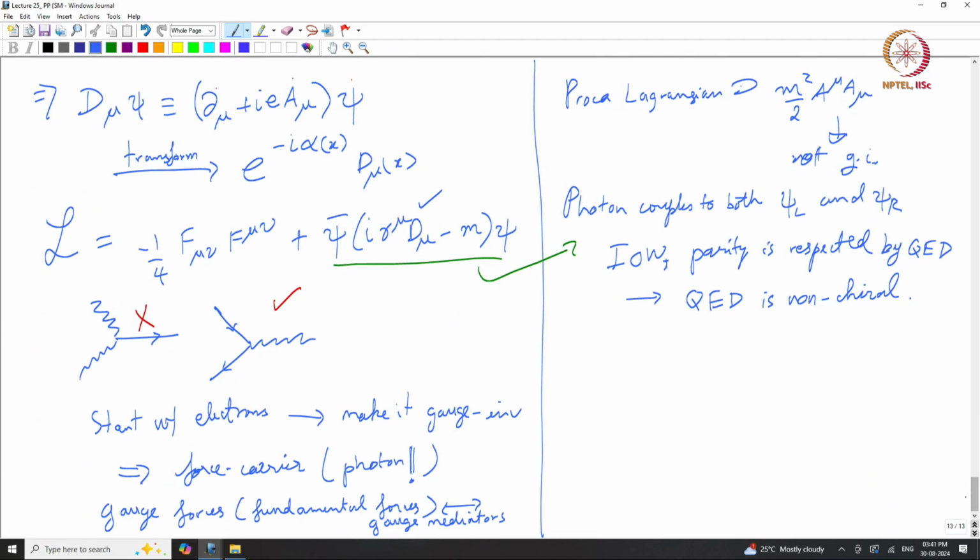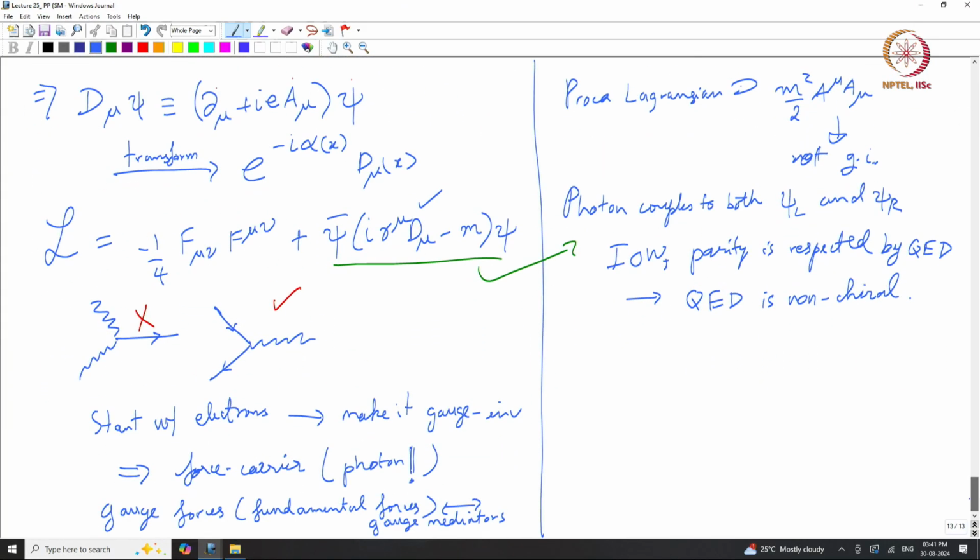So, I am going to wrap up this lecture by mentioning one important thing that could not have been written down from first principles in the Lagrangian here, okay. Nevertheless, that term is there, it is actually what is known as a dimension 5 term, that is why it was not obvious to have been written down here, okay.